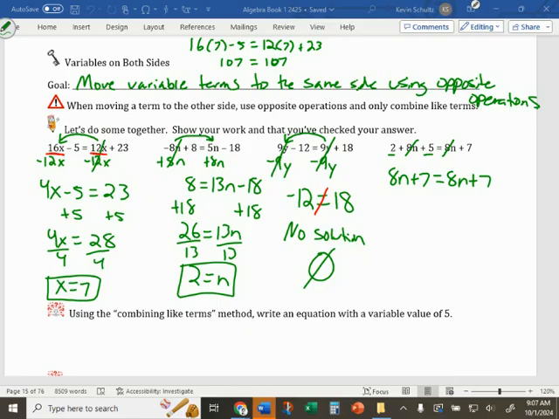No matter what we plug in for n, if we add 7 to that, it's going to be the same thing every single time. Versus this one, if we subtract 12 on one side but add 18 on the other, that's not going to work. That's why it's no solution. For this one, it can be anything you want. Your equation is true, 7 does equal 7. So this is going to be all solutions.